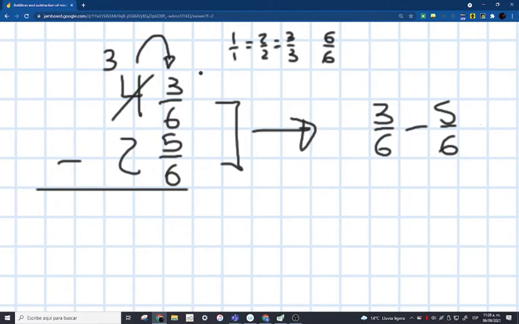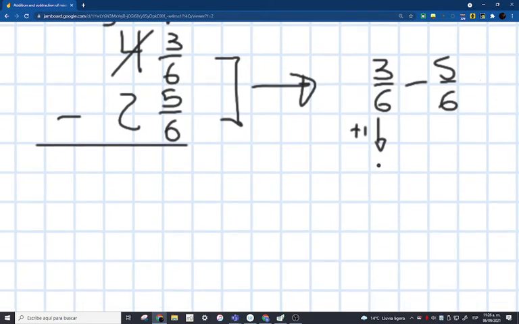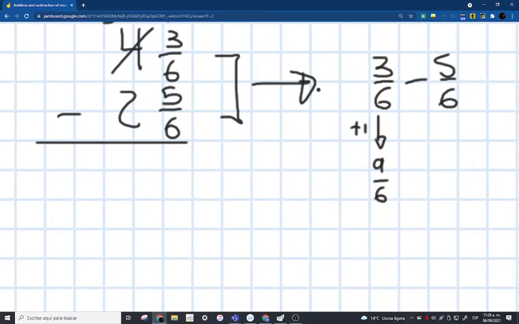And what is 6/6 plus 3/6? That becomes 9/6. We added 6 to the 3, that is 9/6.